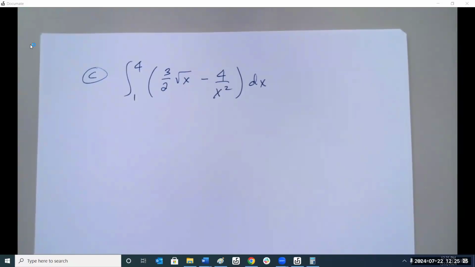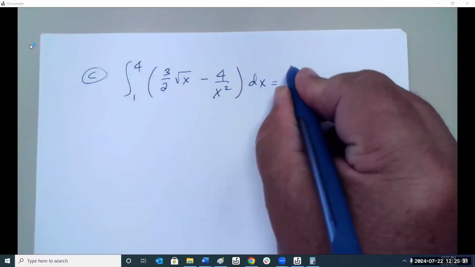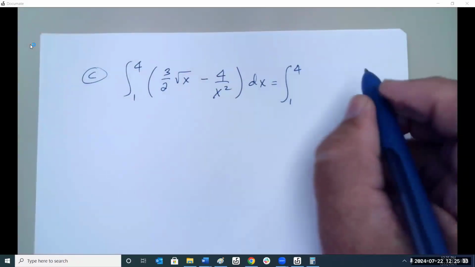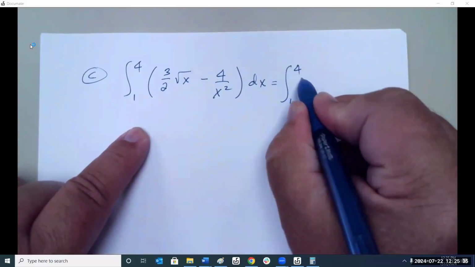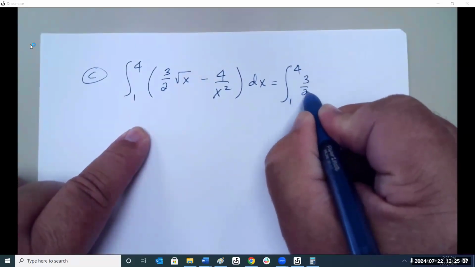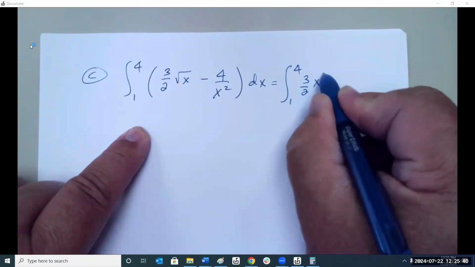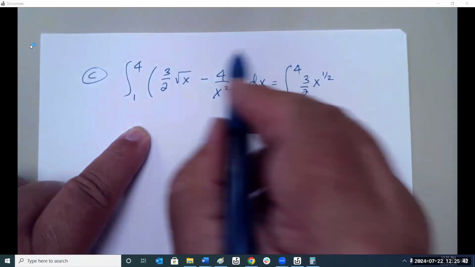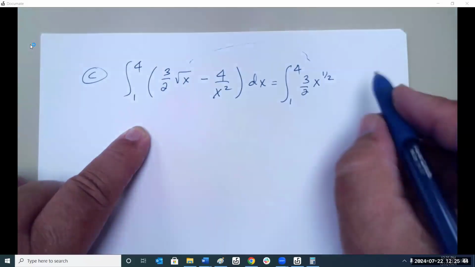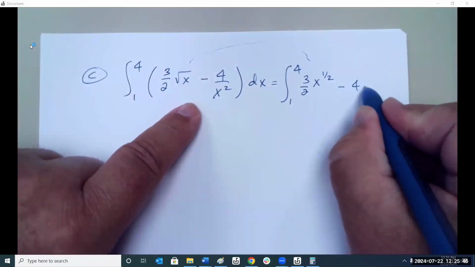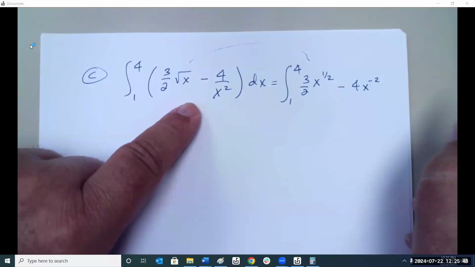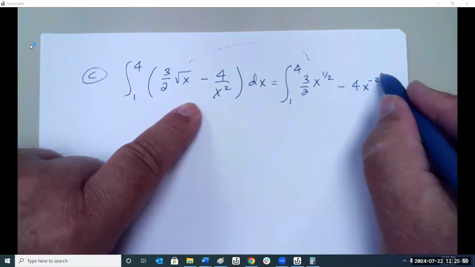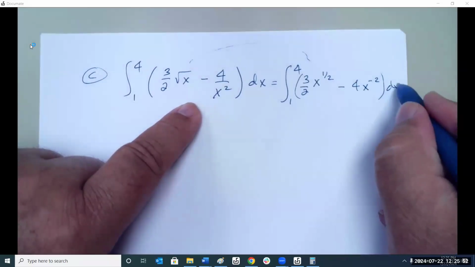First thing I always want to do, if you have radicals or rational expressions, is make them so they're no longer rationals or radicals. So from 1 to 4, this becomes 3/2 x to the power 1/2 minus 4 times x to the power negative 2 dx.